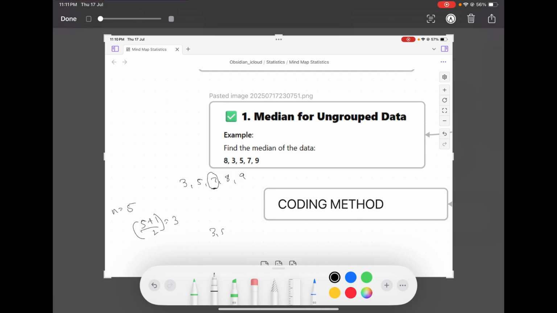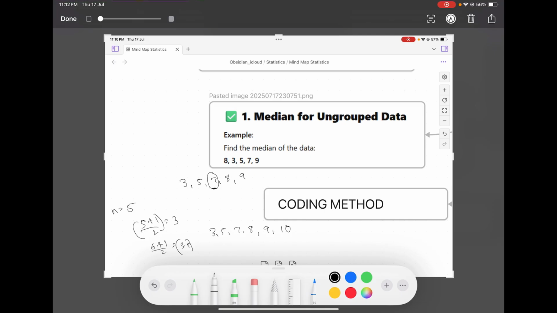Suppose the values were like this, 3, 5, 7, 8, 9, 10. Now there are 6 numbers, so the middle position is (6 plus 1) by 2, it is 3.5.